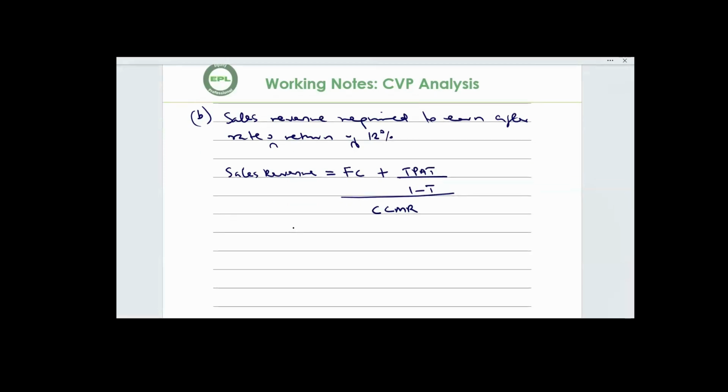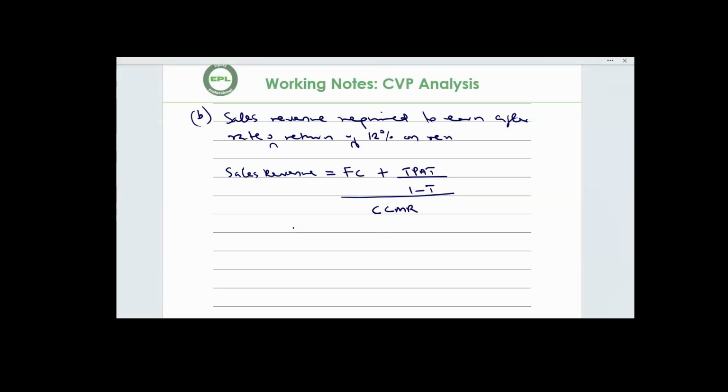I don't know the sales value because the examiner has told me that they want to earn an after-tax rate of return of 12% on revenue. Let me go back to that requirement. On revenue, I don't know the revenue.